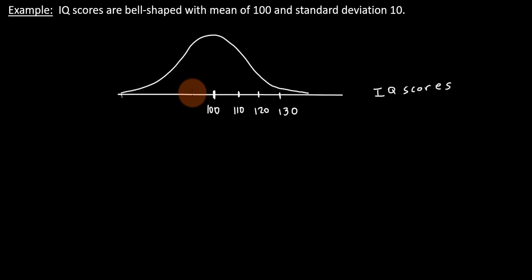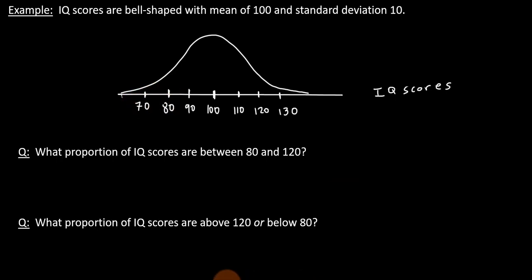And I'll do the same on the left side. 90, 80, and 70. All right, I've got a couple questions queued up here for us, and we're going to use the properties of the empirical rule to address them.